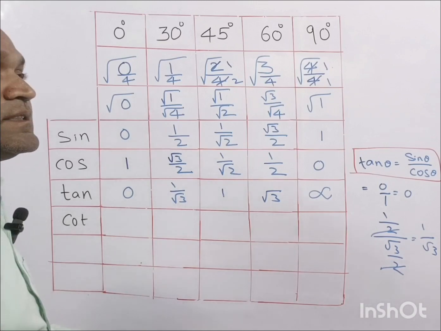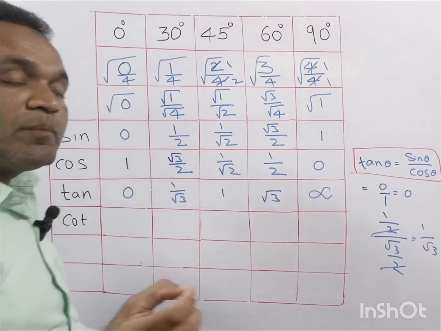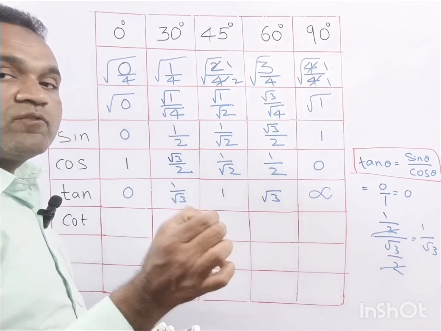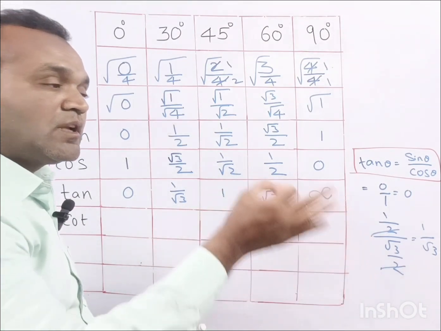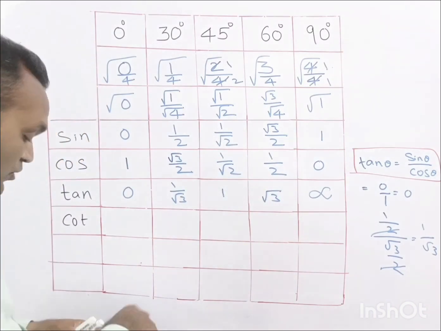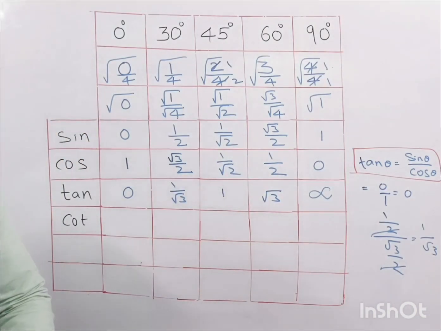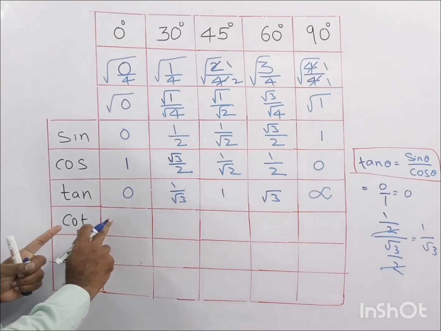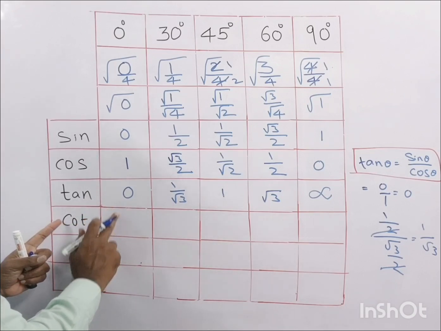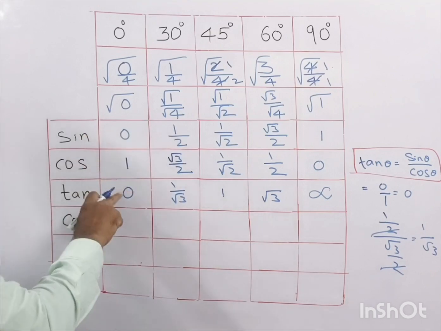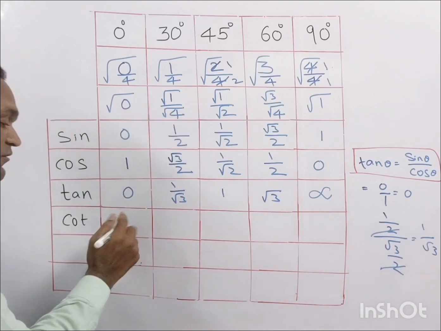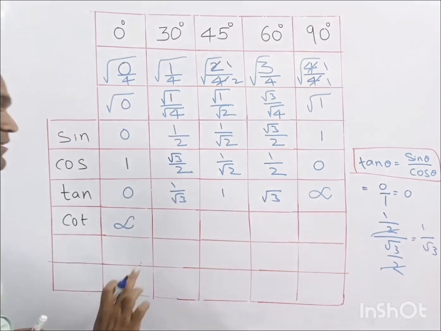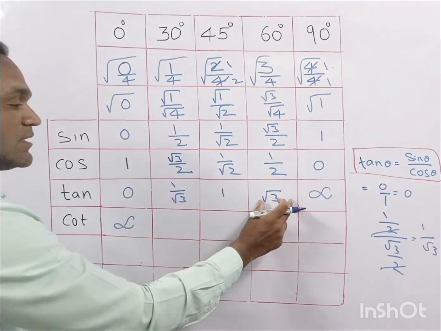Now the next step is we will write cot. If you remember from the first session, tan is the reciprocal of cot, or cot is the reciprocal of tan. So the same thing we will use here. For cot, we have two ways. If we reverse 0 by 1 and make it 1 by 0, it will be infinity, or you can start from the end in the reverse direction. Next is root 3.